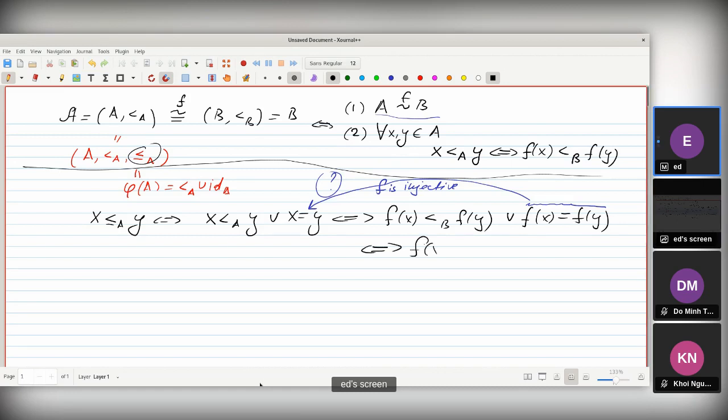So we see that as a result, f of x is less or equal than f of y in B if and only if x is less or equal than y in A. So if isomorphism, according to our definition, respects less than, then it also respects less or equal, and it is not that hard to prove that you can define isomorphisms in terms of less or equal, and then still it will respect less than as well.